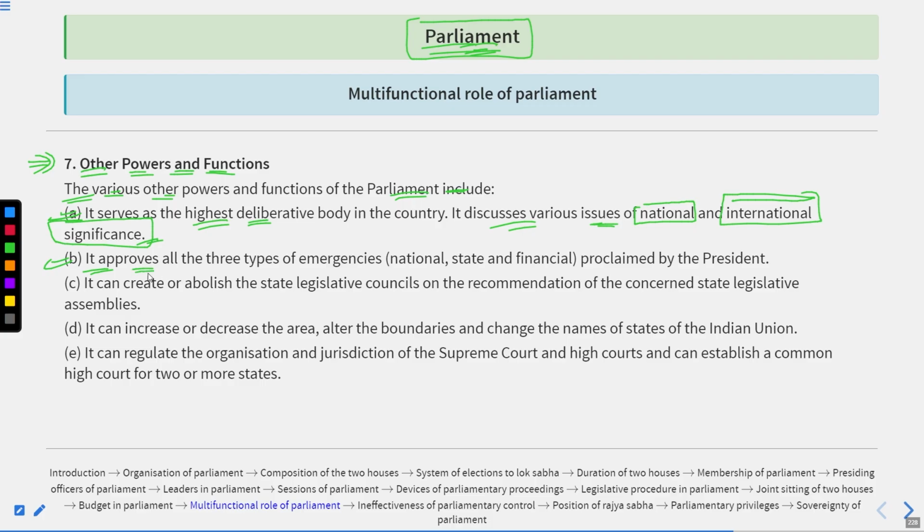Thereafter, it approves all three types of emergencies: national emergency, state emergency, and financial emergency, that is proclaimed by the President of India. It can create or abolish the state legislative councils on the recommendation of the concerned state legislative assembly. If the legislative assembly wants to create a council, the parliament could create a council. If the assembly wants to abolish the council, the parliament will abolish the council. Okay.